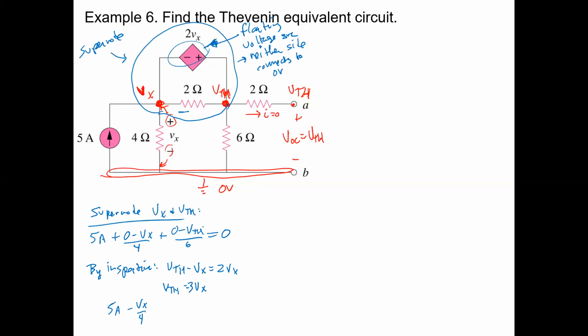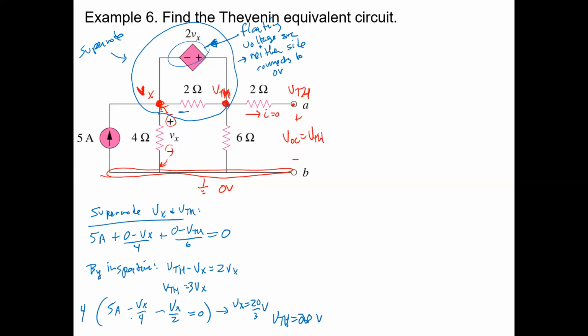But then if VTH is 3Vx, we have a minus Vx over 2, which I could then multiply by 4. And it will turn out that Vx equals 20 over 3. Therefore, V-Thevenin equals 20. You can read that, that's a 20. Okay, 20 volts.